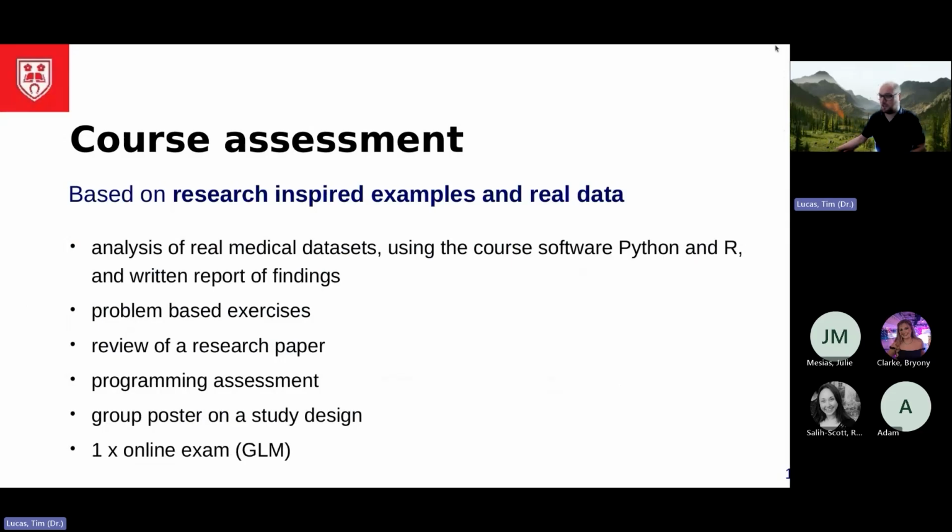But later on, especially, it might be more like, go away, do a whole analysis, and then write that up as a report. There's some group work. There's one exam. The industry reps that we speak to say they really want to see some exams still. They want to know that people can do statistics under some sort of work pressure as well. So there are some exams, but only one.